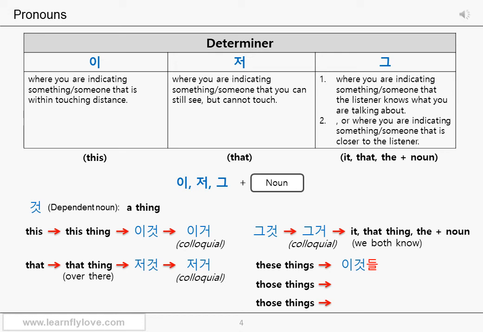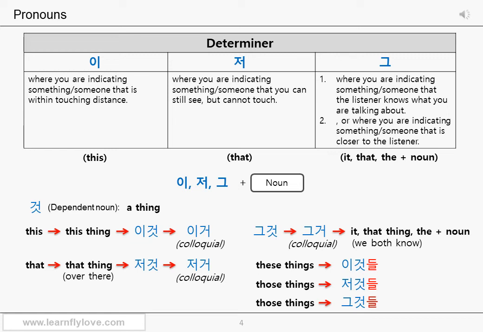It has to be the original form 이것 plus 들, 이것들. Those things that you can still see but cannot touch, 저것들. Those things that the listener already knows what they are, or those things which are close to the listener than to you, 그것들. Okay? 이것들, 저것들, 그것들.